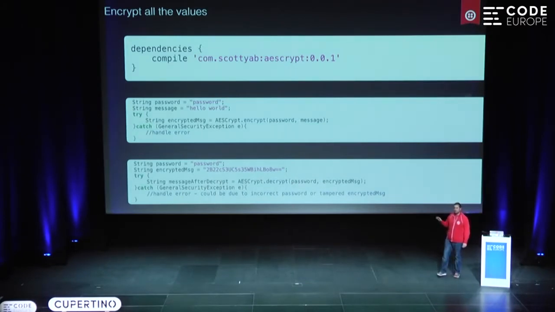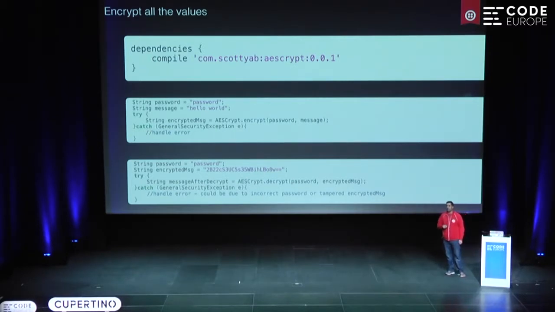Not super complex. This is not complicated stuff, okay? So if a developer tells you, or if you tell yourself, I'm not going to encrypt my values because it's going to be too much work, it's not, it's this. Encrypting is easy. Decrypting might not be as easy, but we have an example here of decryption.